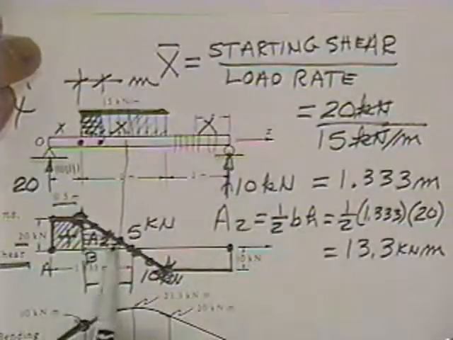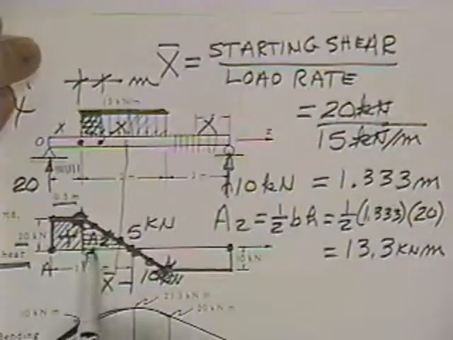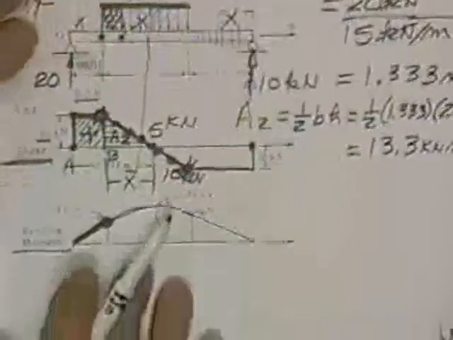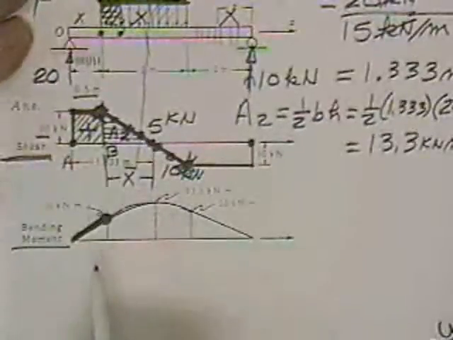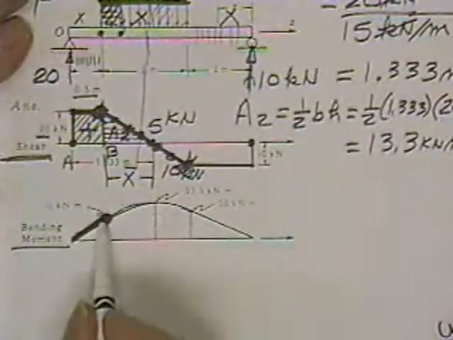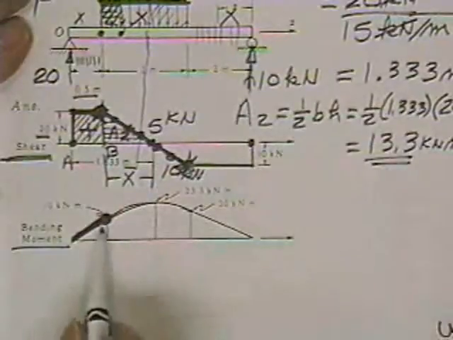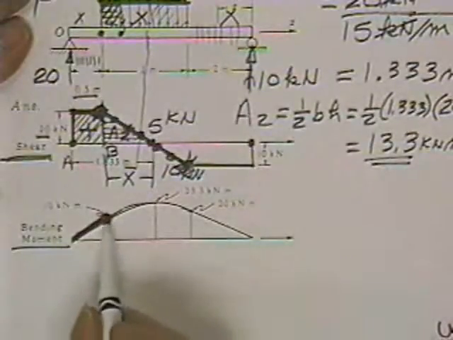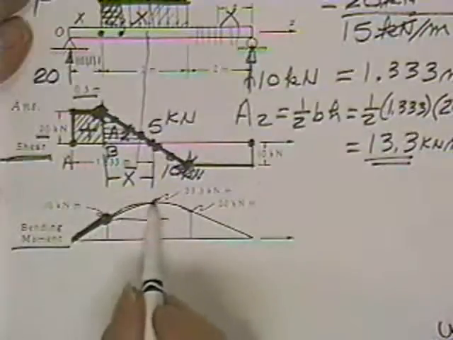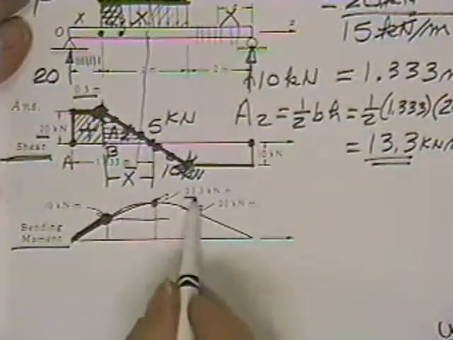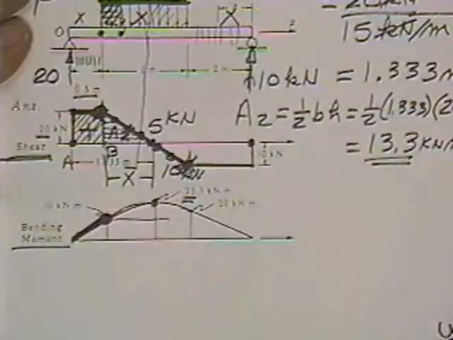As you cross area 2, you cross a positive area. That area pushes the next diagram up. How much does it push it up higher than I used to be? Whatever the area is. I used to be at 10. I add 13.3 to it, and I note that the peak is at 23.3 kilonewton meters.